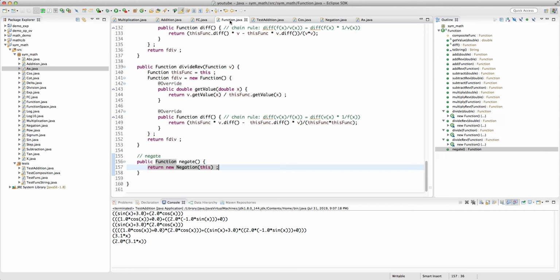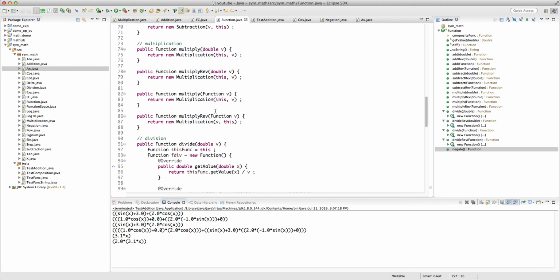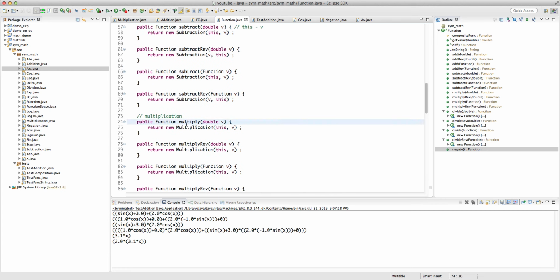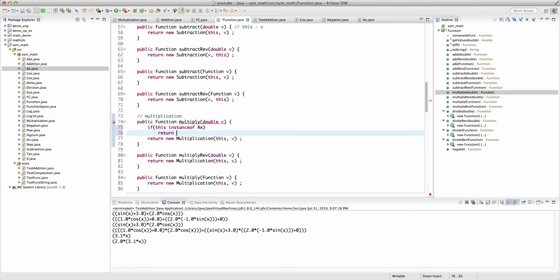But then in the function, when we look at the multiplication by a number, what we do is say that if this is an instance of ax, then return new ax of v.